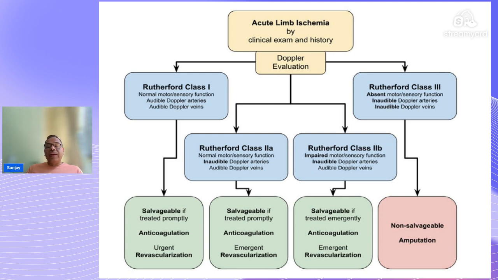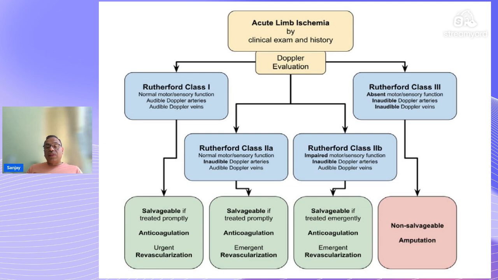If history and Doppler evaluation show Rutherford class 2, which is class 2A or 2B. If it is 2A, then we have normal motor and sensory function, but inaudible Doppler arteries, and audible Doppler veins. In such a case, the limb is still salvageable if treated promptly. Again, anticoagulation and emergency revascularization should be done.